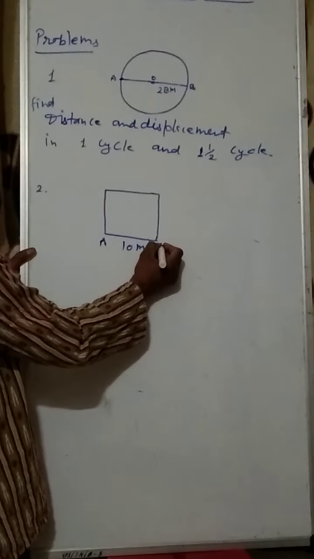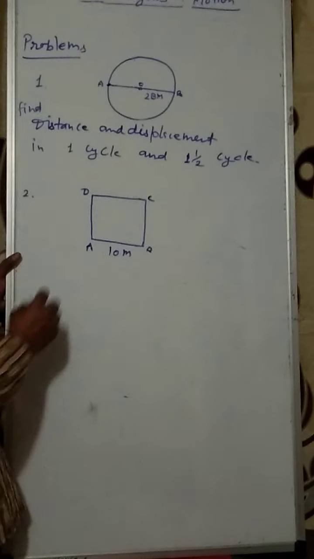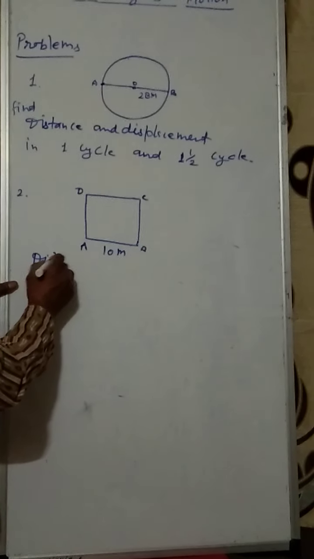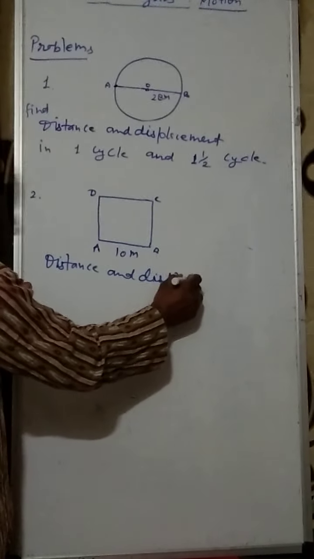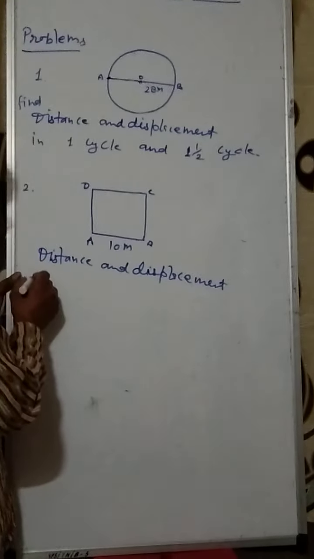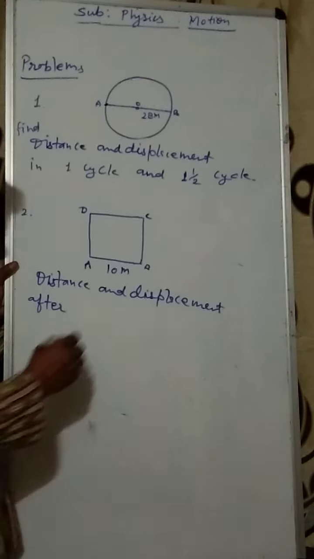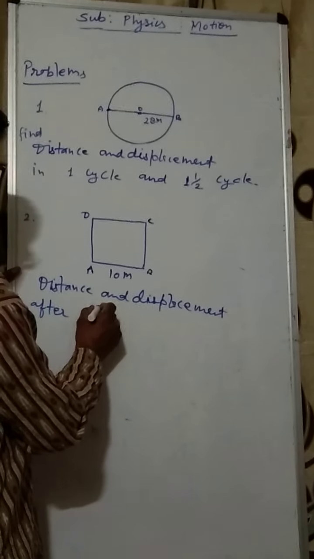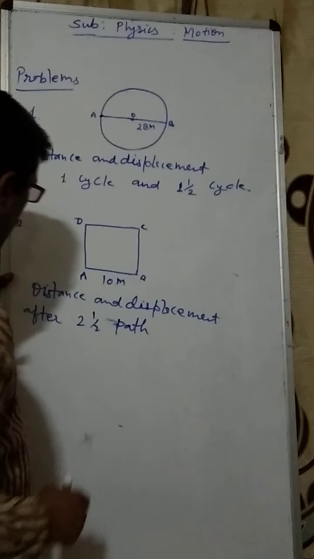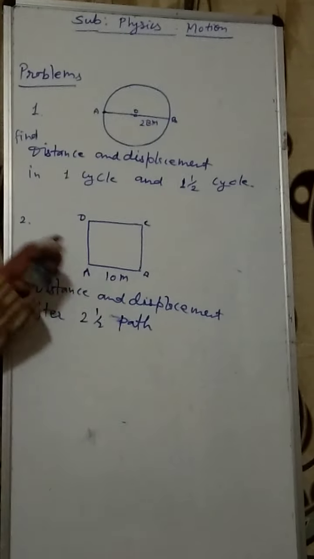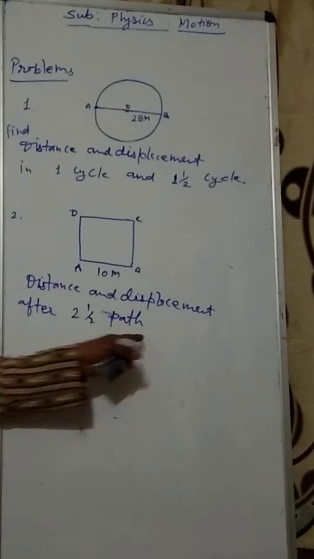In this I am giving the points A, B, C, D. You have to find distance and displacement after 2.5 paths. After 2.5 paths, you have to find out what will be the total distance and displacement.